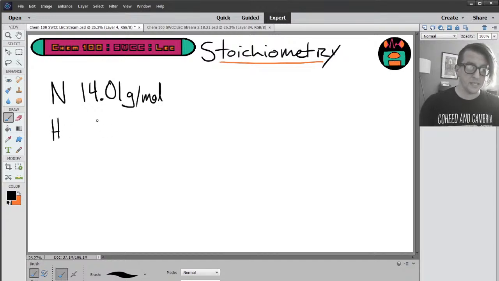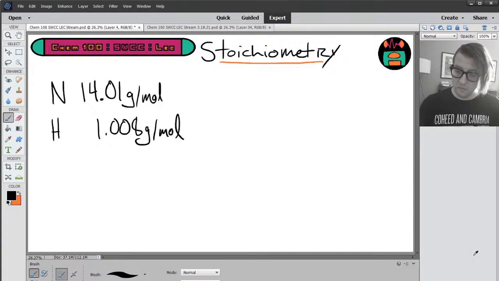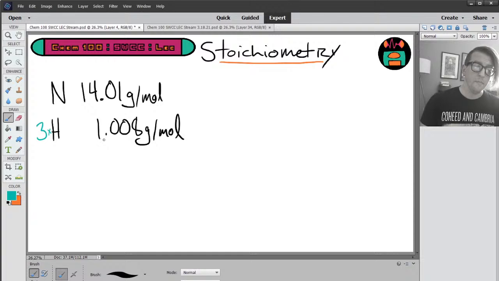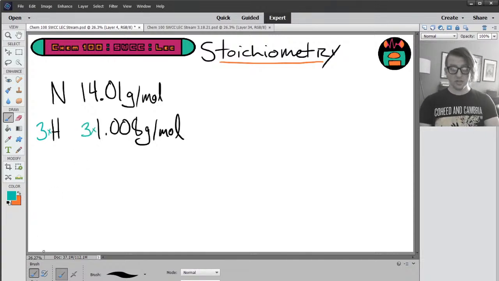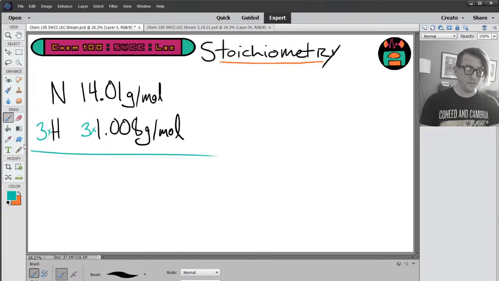Hydrogen has an atomic mass of 1.008 grams per mole. And again, you get both of these values by looking them up on the periodic table. Because we have 3 hydrogen atoms in ammonia, we need to multiply the atomic mass of hydrogen by 3. Right? Then we add these two together.